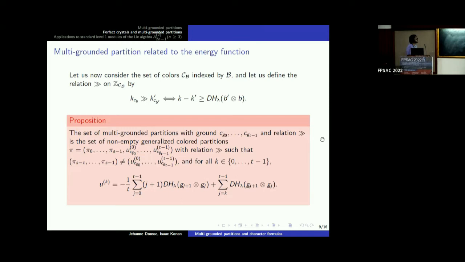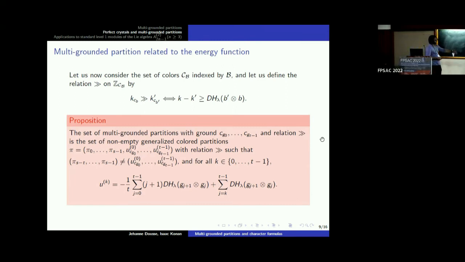So the t color integers before the t last one must define a different sequence, and you have the exact value of what uk must be for k from 0 to t minus 1.